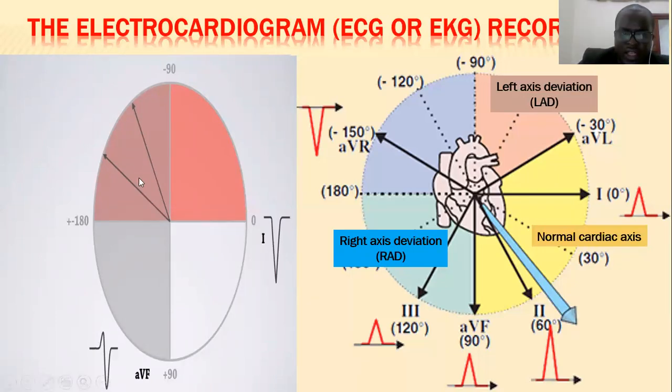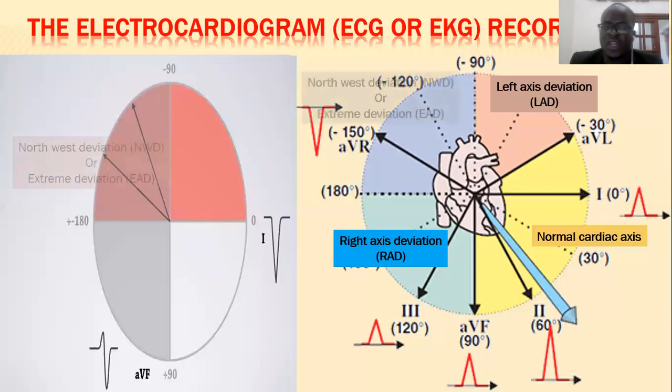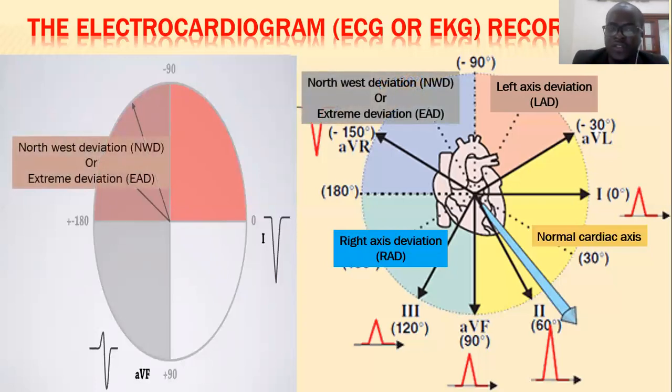You can see the intersection is between 180 and negative 90. When the cardiac axis is deviated between 180 and negative 90, this is called northwest deviation, or sometimes also referred to as extreme axis deviation. So there are two names: northwest deviation or extreme deviation.